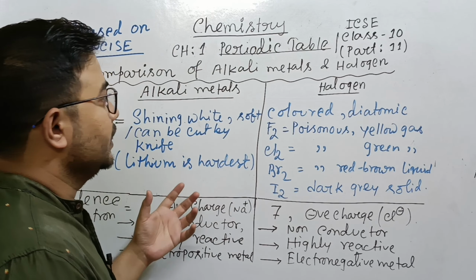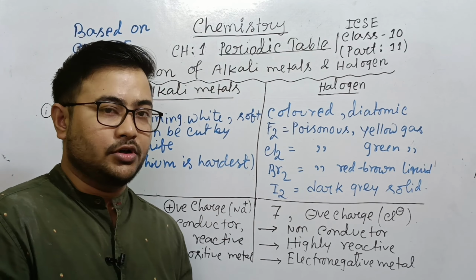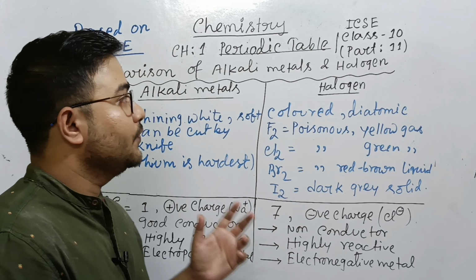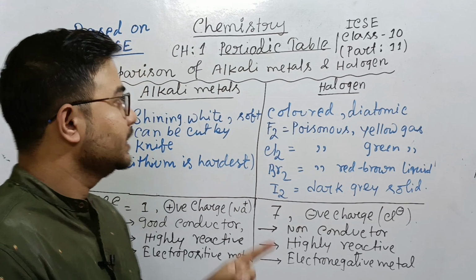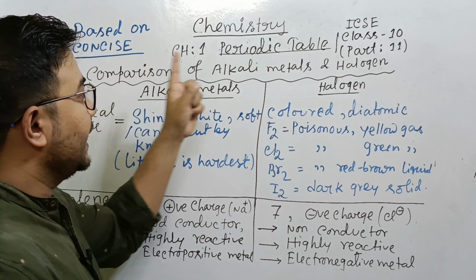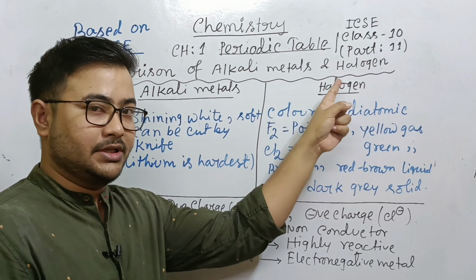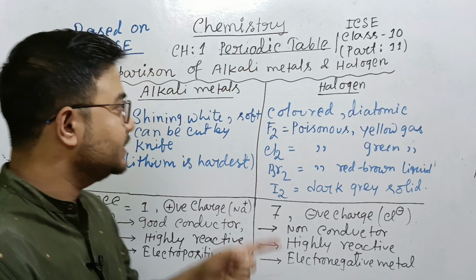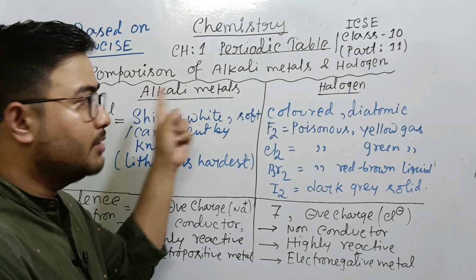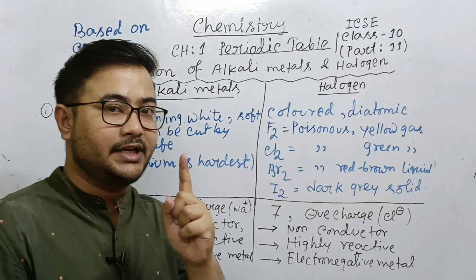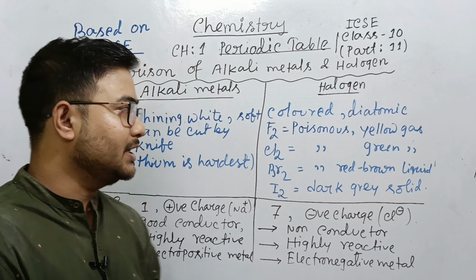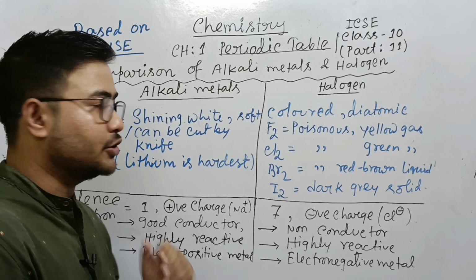I will give three to four or more very important points for alkali metals as well as halogens. If you write those points when this comparison question comes, you will definitely get full marks, but memorize these two points for short questions.